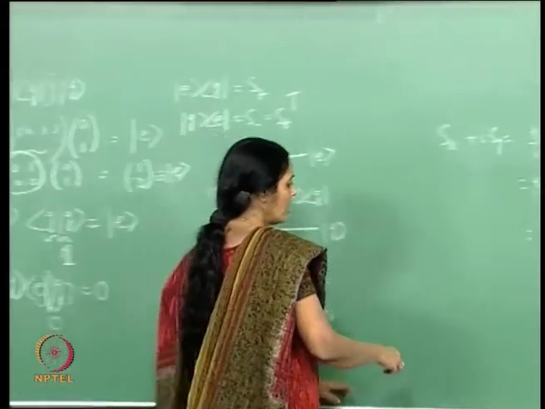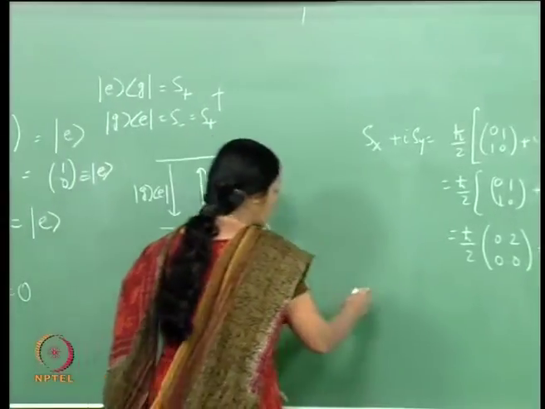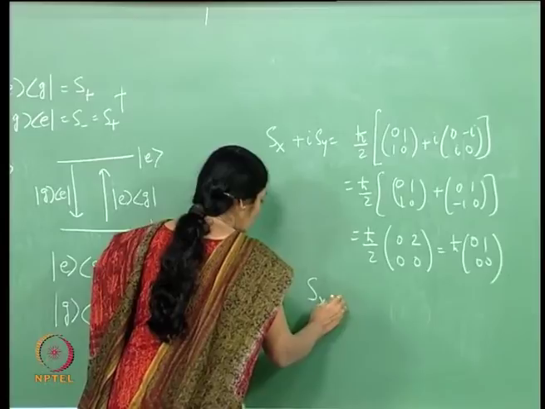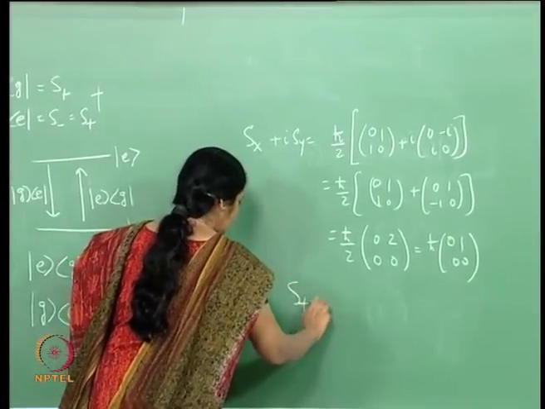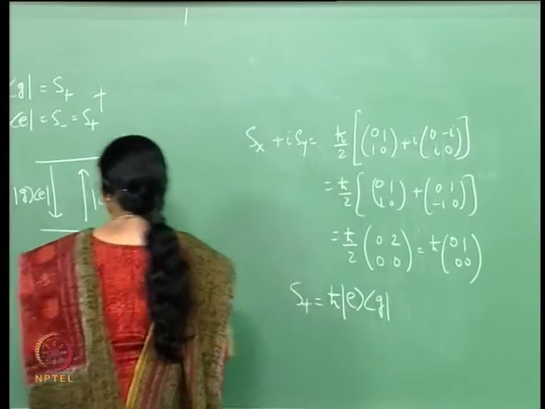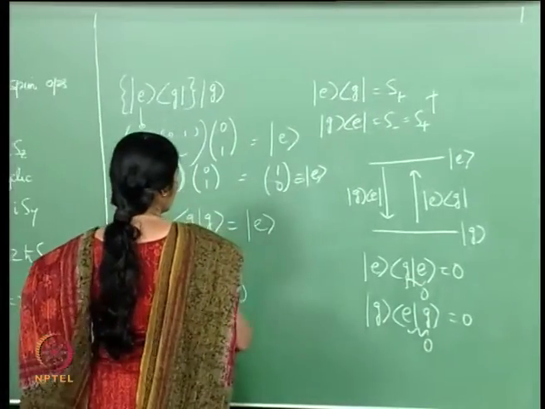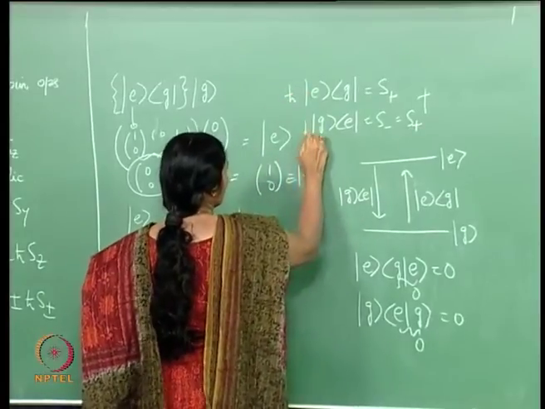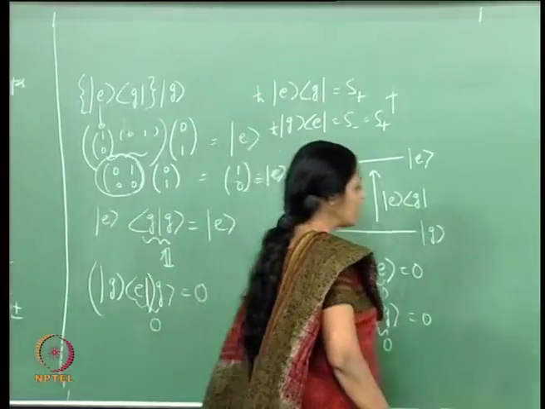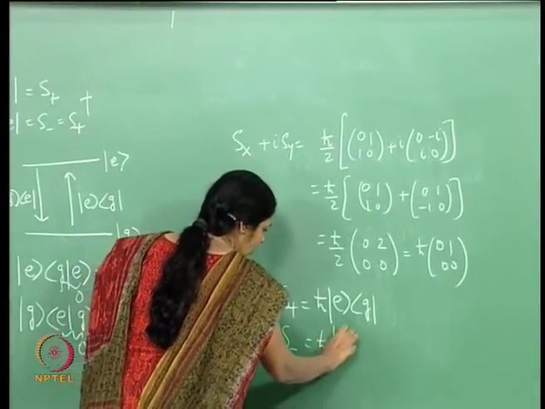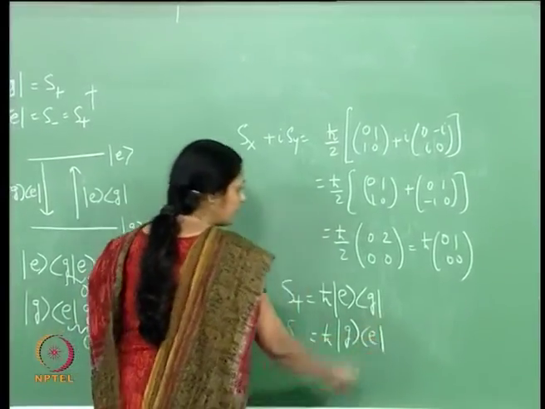And therefore, by a similar procedure, I can find that Sx plus i Sy, which is S plus, is simply ħ |e⟩⟨g|. So I just have to write ħ |e⟩⟨g| is S plus, and ħ |g⟩⟨e| is S minus.